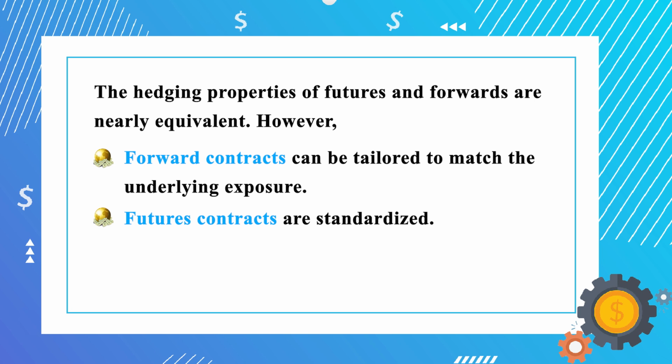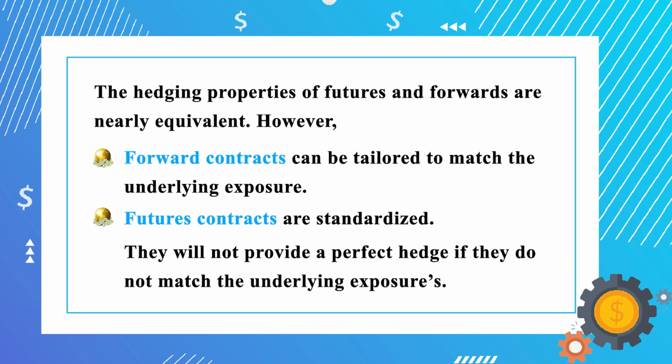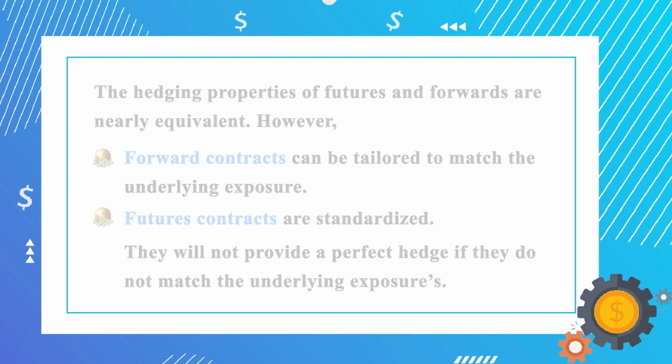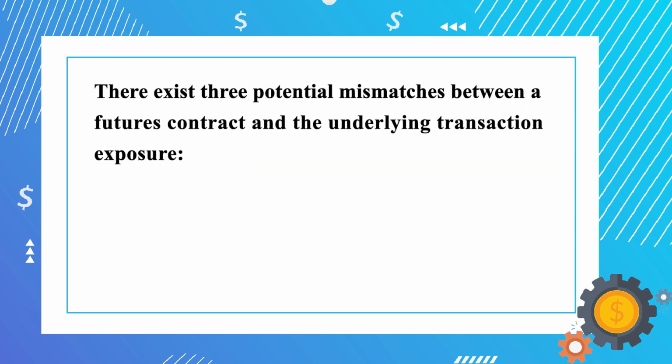Exchange-traded futures contracts are standardized. They will not provide a perfect hedge if they do not match the underlying exposure's currency, maturity, and contract size. There exist three potential mismatches between a futures contract and the underlying transaction exposure.